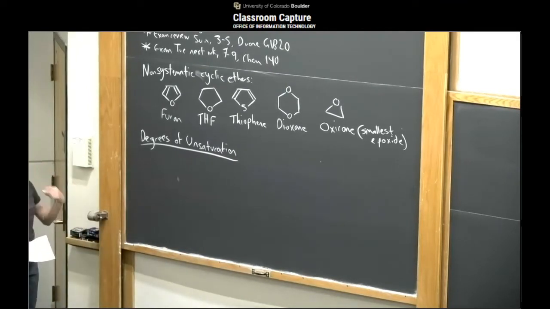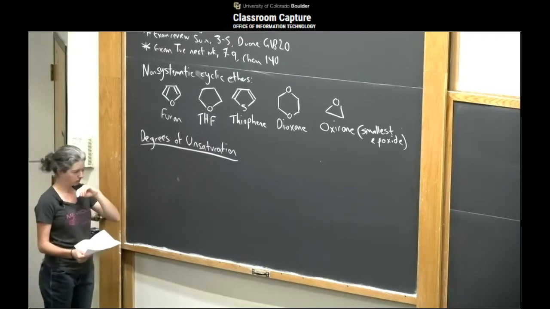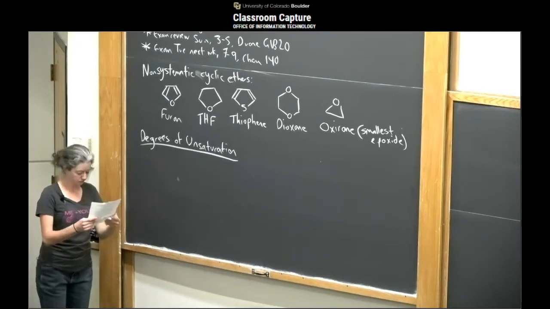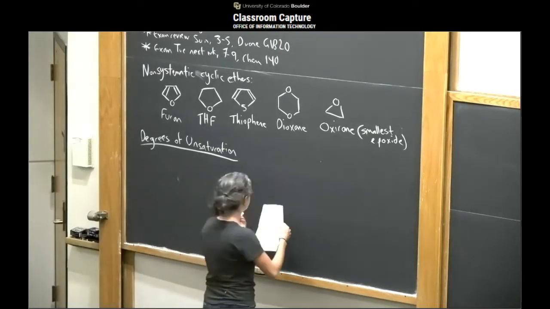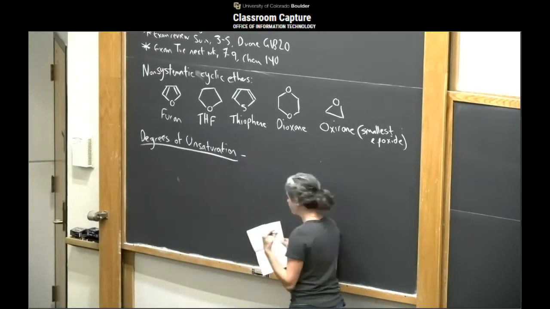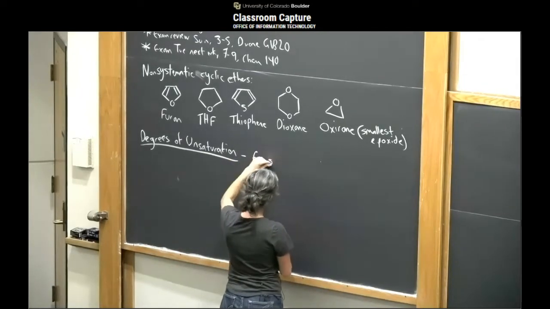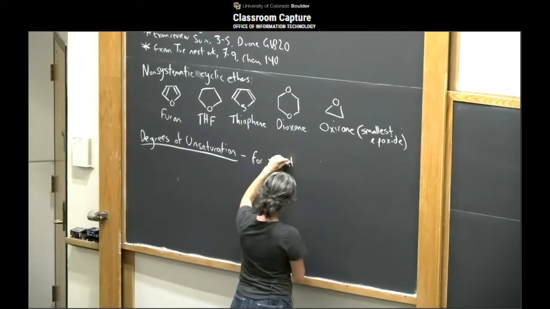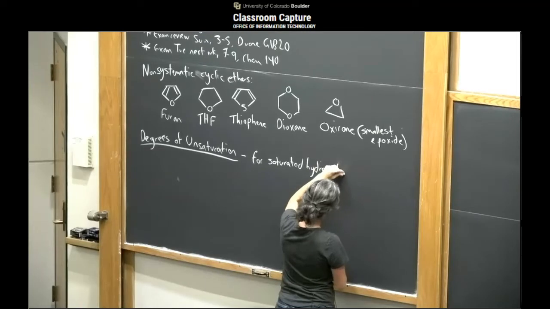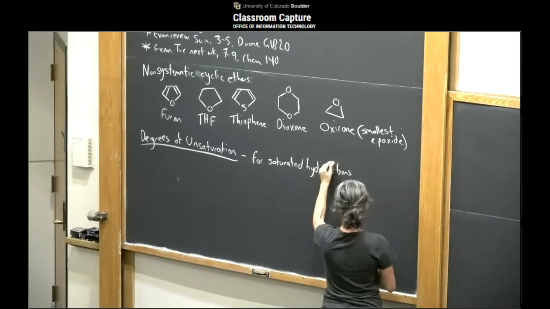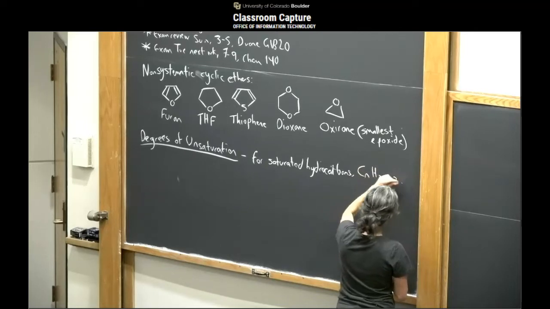All right, so we covered degrees of unsaturation for hydrocarbons in chapter 2. So remember that the formula for saturated hydrocarbons is going to be CnH2n+2.